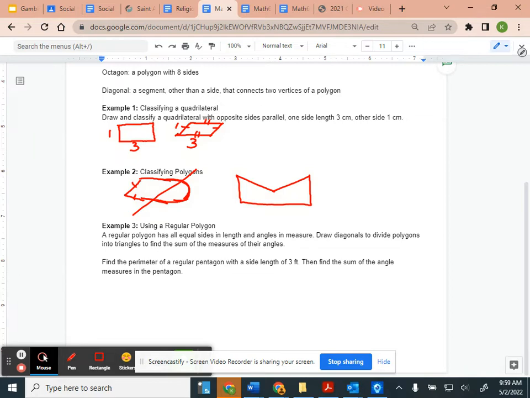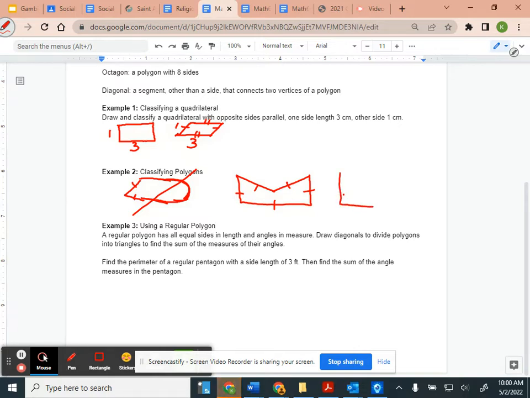It is a polygon because it is all connected. What type of polygon is this, Tristan? Pentagon. A pentagon because it has 1, 2, 3, 4, 5 sides.